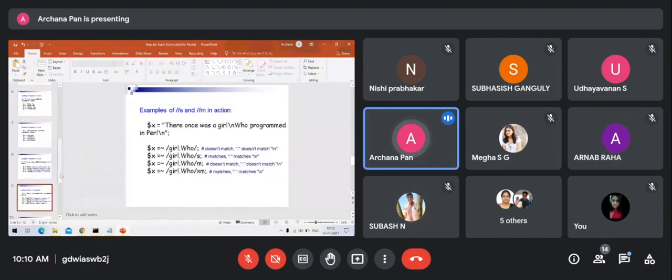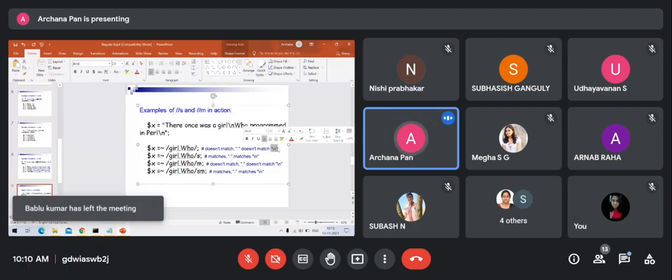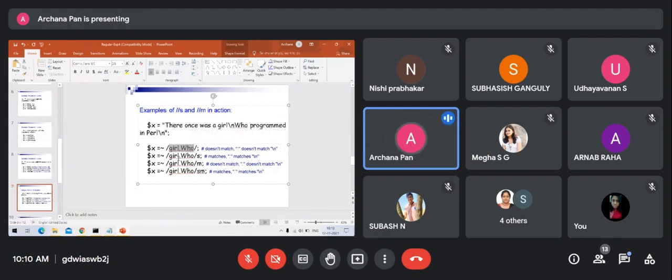Okay, here we have. See this one. Girl dot does not match because the dot operator will not match the new line character, so it will not match. The second one matches.